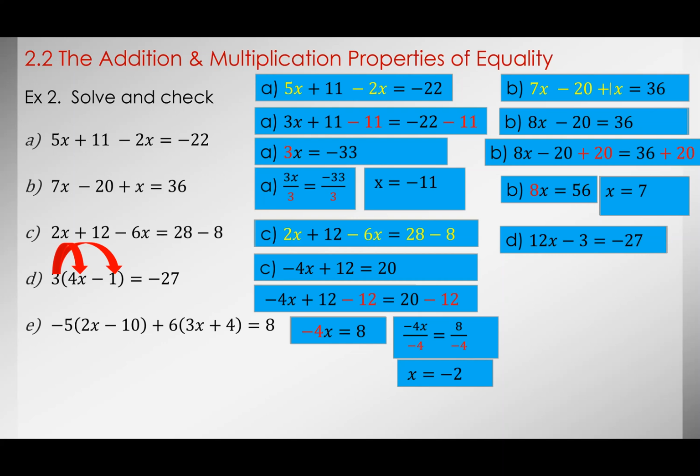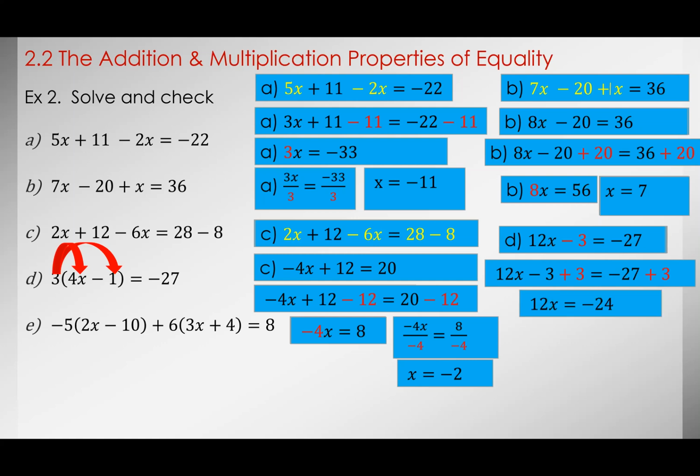Why is it easy? Because I have something times x minus a number equal to another number. I know I need to get rid of subtraction before division or multiplication. And to get rid of subtraction, I need to add: negative 3 plus 3 becomes 0, and negative 27 plus 3 gives me negative 24.